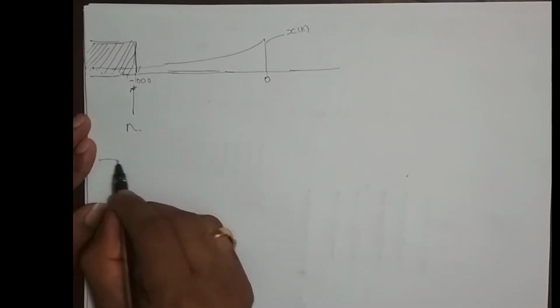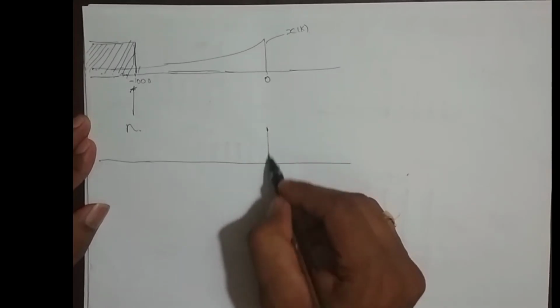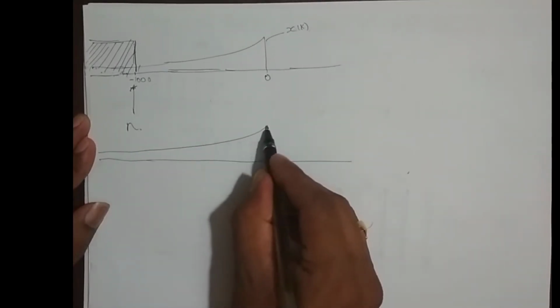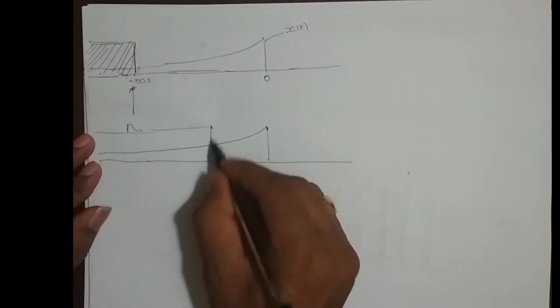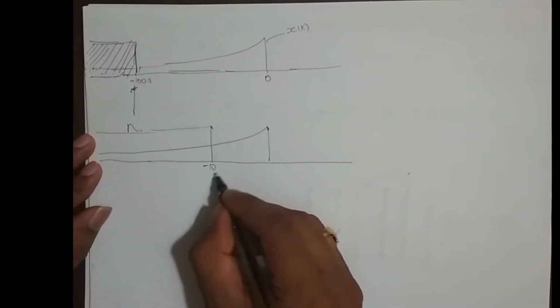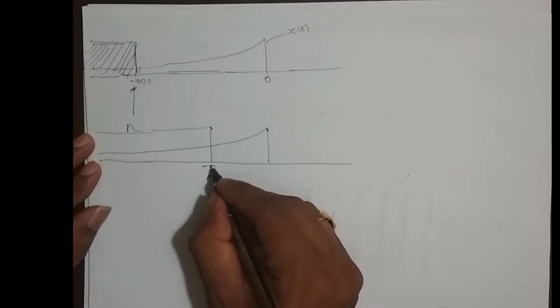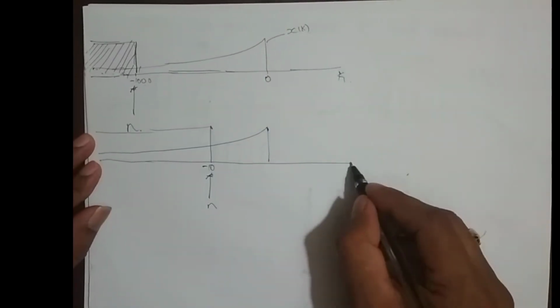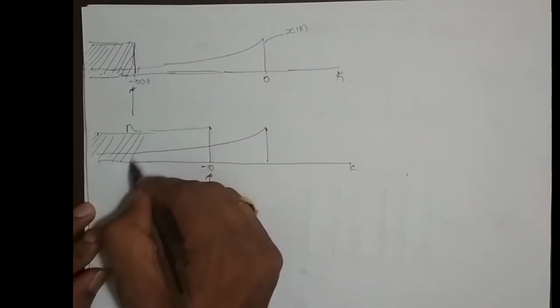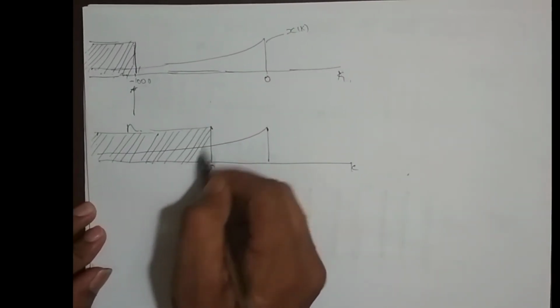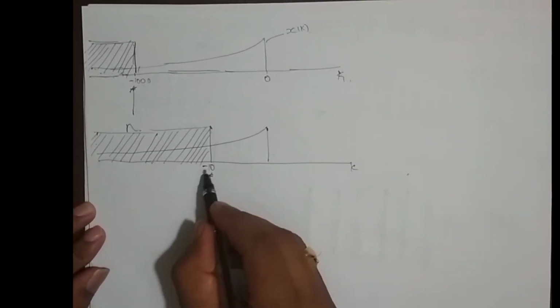Now if I move right further, say if I keep it to minus 10 somewhere here, this is minus 10, this is n, this is k. What is the overlap portion? It started from minus infinity and it stopped at n, where I kept my n, at minus 10.